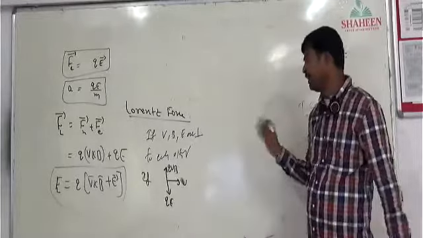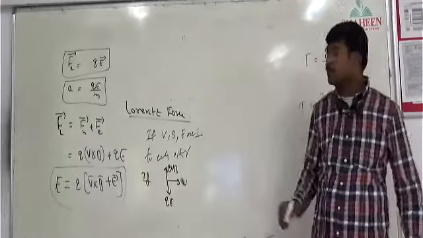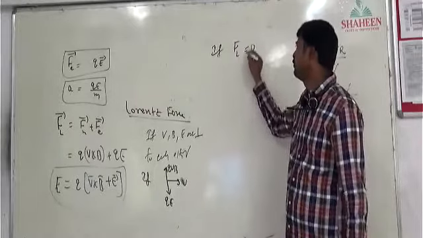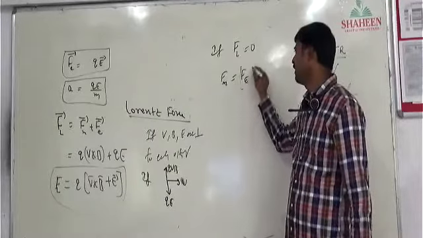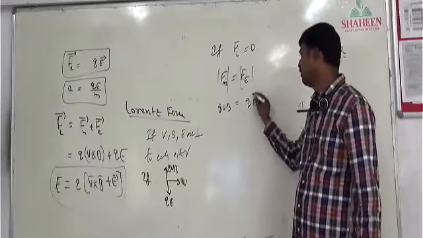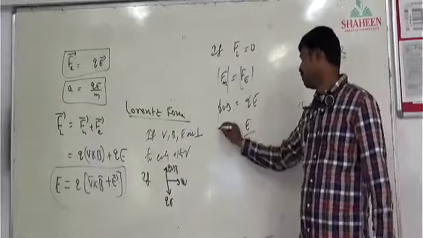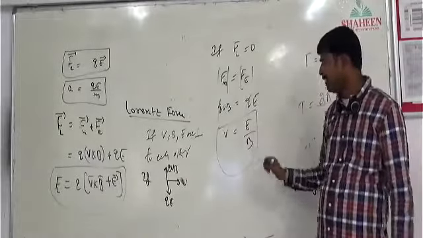If V, B, E are perpendicular and the net force, the Lorentz force FL, is 0, then Fm should be equal to Fe in magnitude. Fm is QVB and Fe is QE. Q cancels, so V is equal to E by B. So the velocity of the particle can be calculated by the E by B ratio.